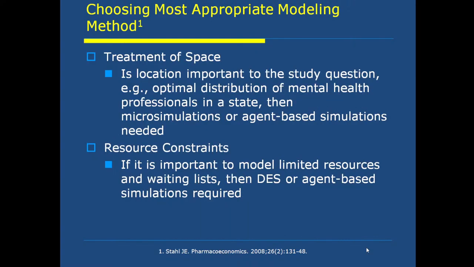Treatment of space. Is location important to the study question? For example, the optimal distribution of mental health professionals in a state: then microsimulations or agent-based simulations are needed. Resource constraints. If it is important to model limited resources and waiting lists, then discrete event simulation or agent-based simulation is required.